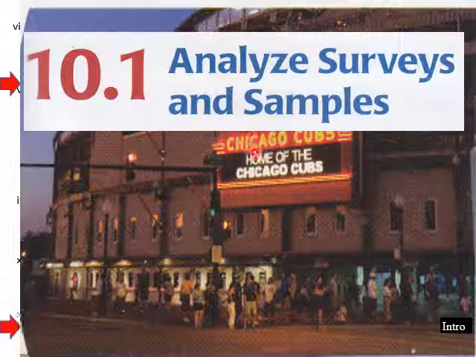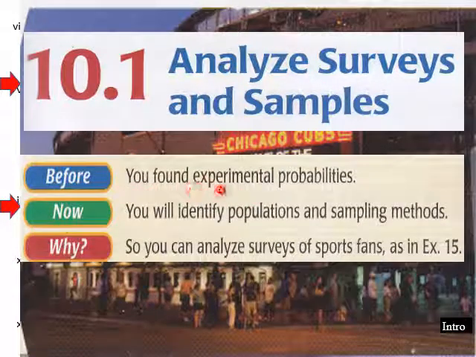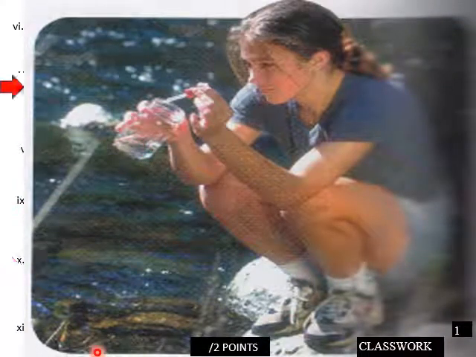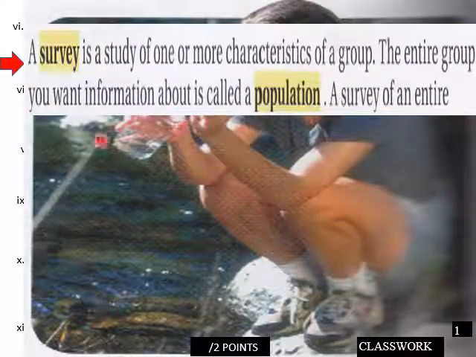(10.1) Analyze surveys and samples. You found experimental probabilities. You will identify populations and sampling methods, so you can analyze surveys of sports fans. A survey is a study of one or more characteristics of a group.